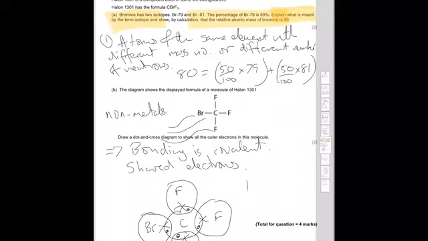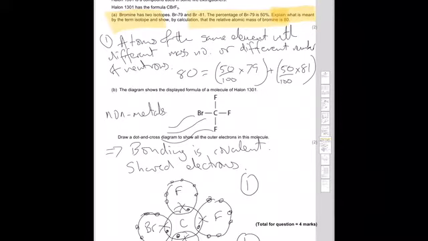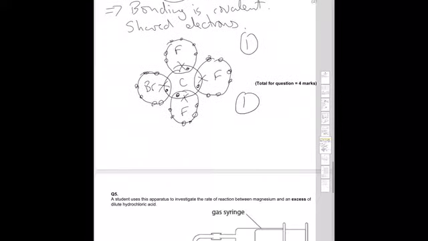So showing 4 covalent bonds is 1 mark: dot cross, dot cross, dot cross, dot cross in the overlap between outer orbitals. And getting all the other electrons correct, putting the remaining 6 electrons on each of the fluorines and 6 electrons on the bromine, gives us the other mark. So that's how we get the 2 marks there.